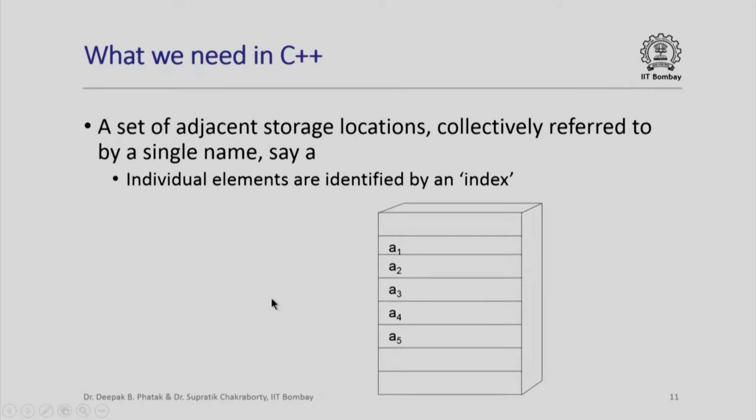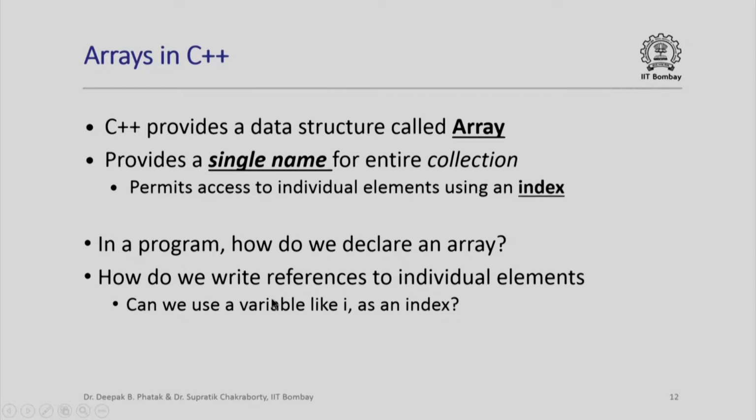In short, we look for such a facility. There are indeed arrays in C++, a structure which provides a single name for the entire collection, and it permits us to access individual elements using an index.